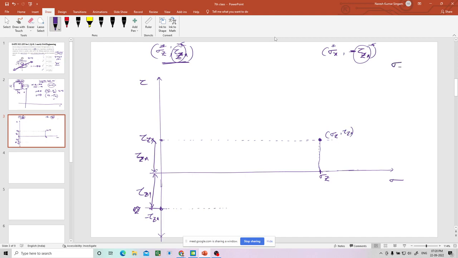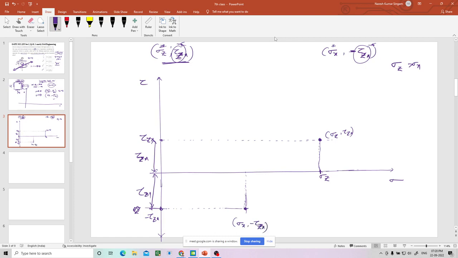Sigma z is greater than sigma x, so sigma x will be to the left of sigma z, somewhere here. Let's draw at this point. So this is the point sigma x comma minus tau zx.